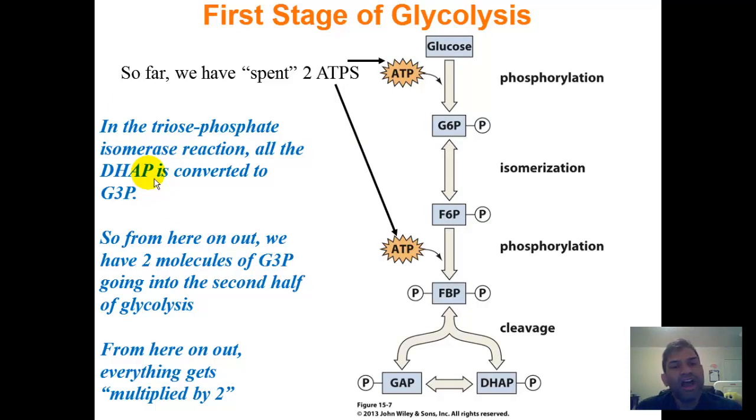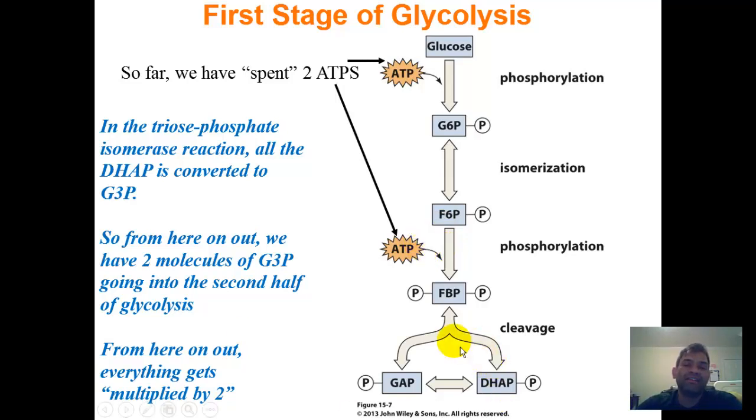All right, so we are halfway through glycolysis, and we have spent 2 ATPs, and we have made 2 glyceraldehyde 3-phosphates. Don't forget, the rate determining enzyme is phosphofructokinase, PFK. Okay, one direction. It takes fructose 6-phosphate, converts it to fructose 1,6-bisphosphate, a very important enzyme in the sense that it is the rate determining enzyme in glycolysis.